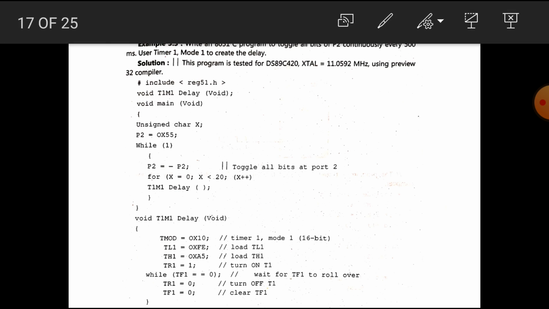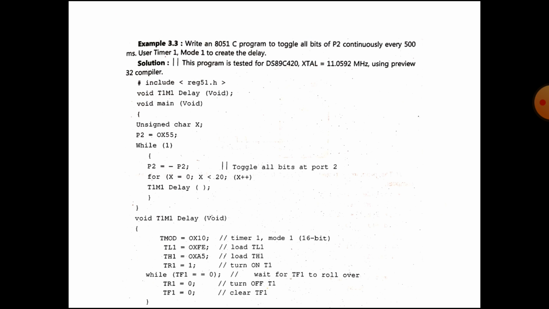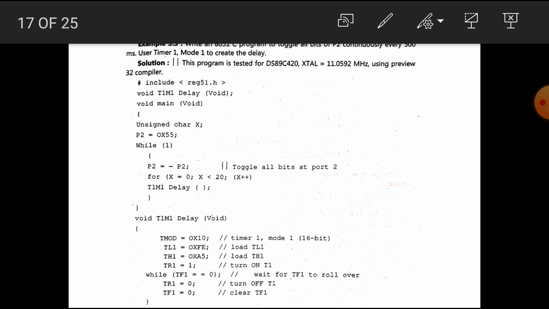Now let's see the next program here. Write an 8051 C program to toggle all the bits of P2 continuously every 500 millisecond. Use timer 1 mode 1 to create the delay.